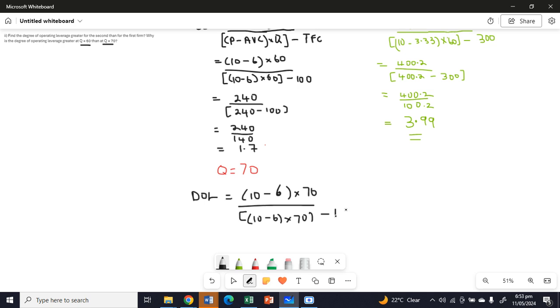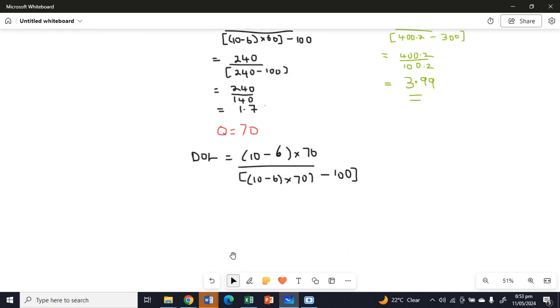Let's get our calculators. 10 minus 6, that is 4. 4 times 70, that is 280.